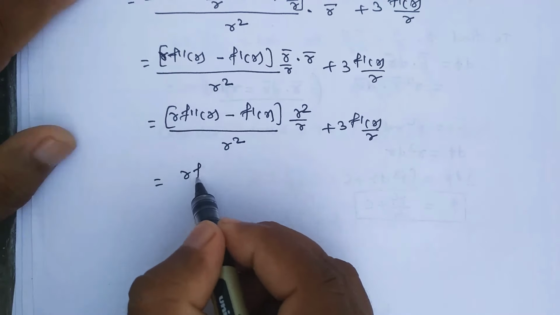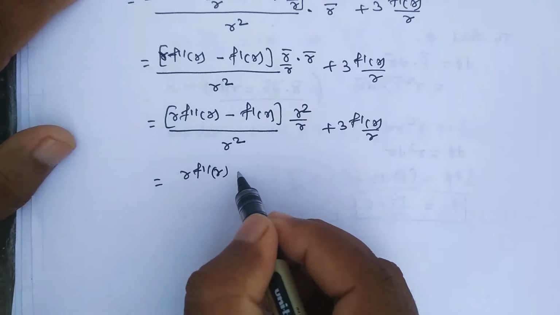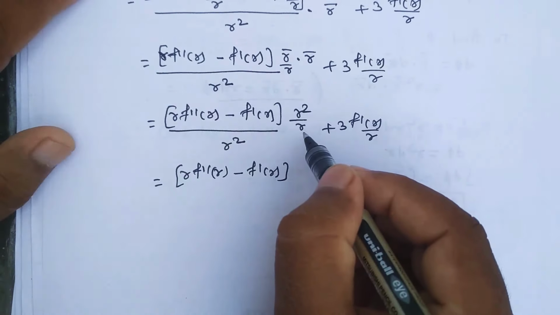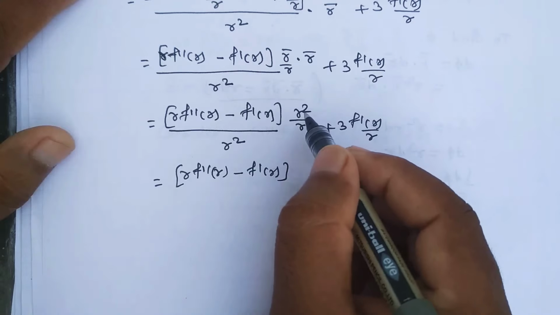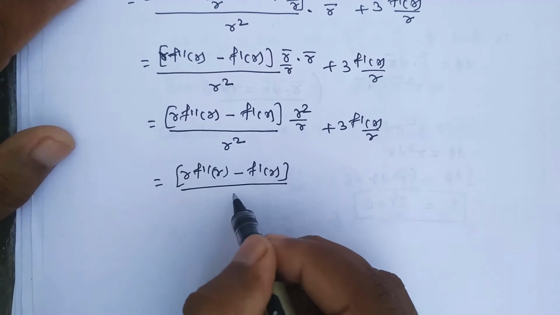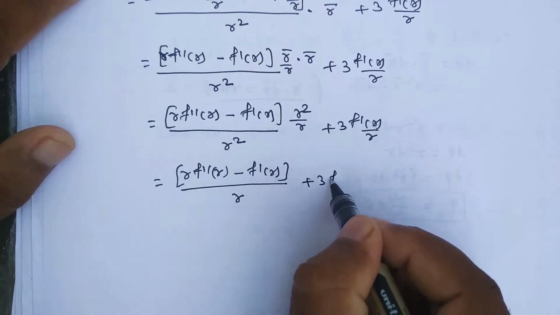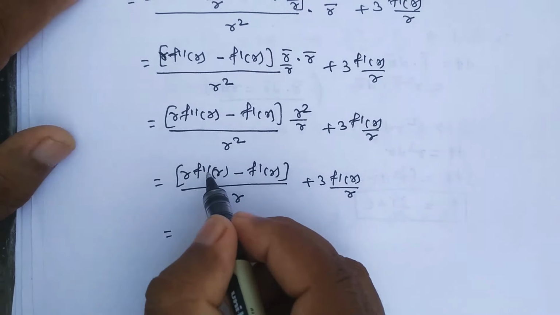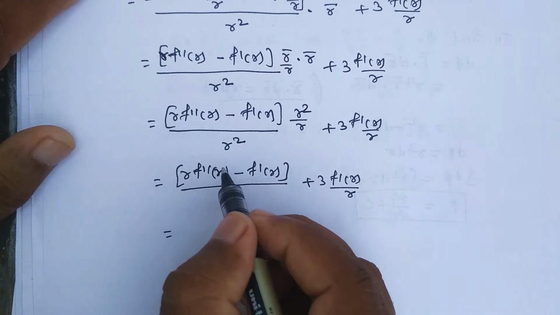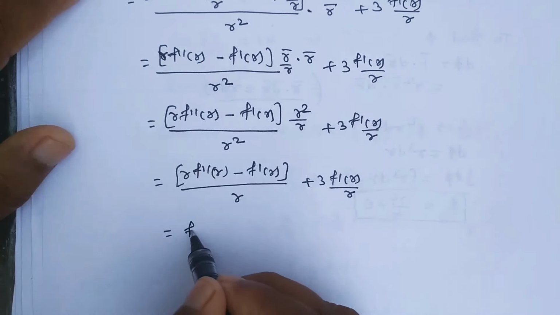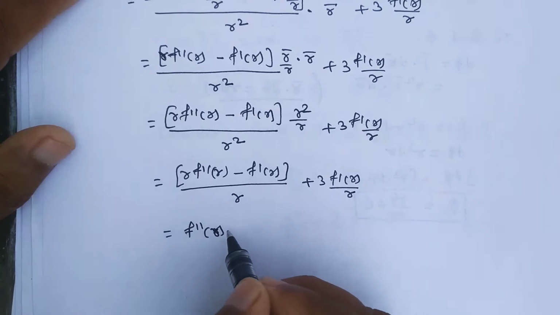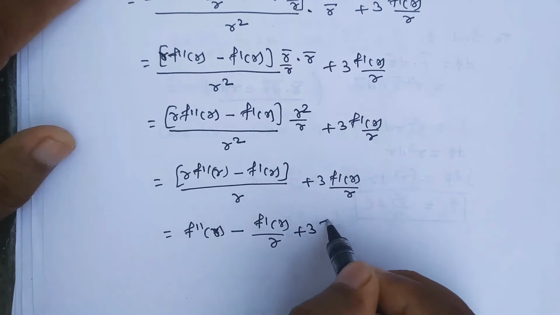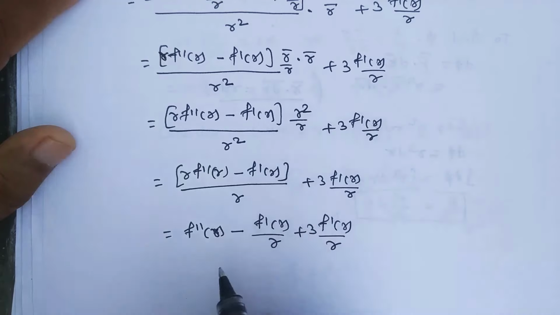This is equal to r into f double dash of r minus f dash of r square upon r, it is nothing but r, and r upon r square, so the denominator becomes r, plus 3 times f dash of r upon r. So taking separately, r into f double dash of r upon r, so r gets cancelled, you will get f double dash of r minus f dash of r upon r plus 3 times f dash of r upon r.